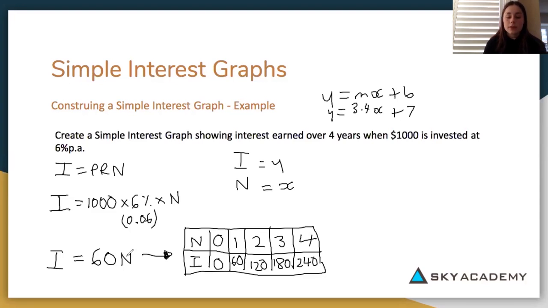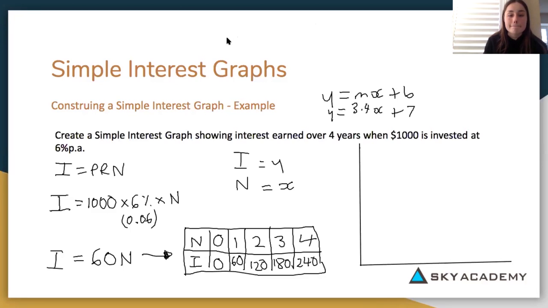So once you've done that, you can now draw your number plane. And remember, we're just going to use that top quadrant. And on the y-axis is going to be our interest earned. And on our x-axis is going to be the time period, which is n.